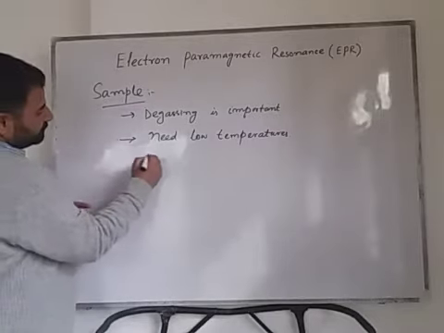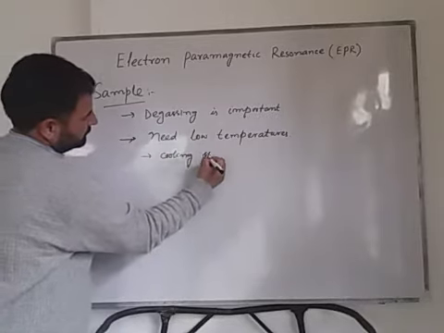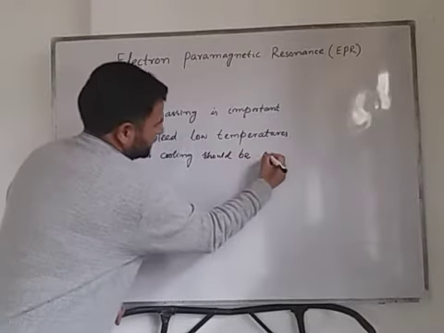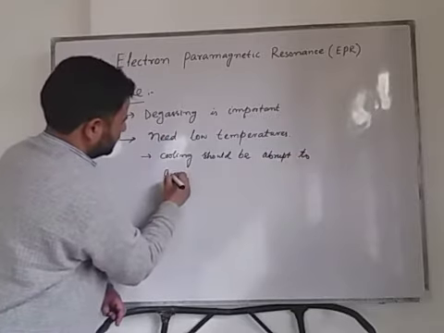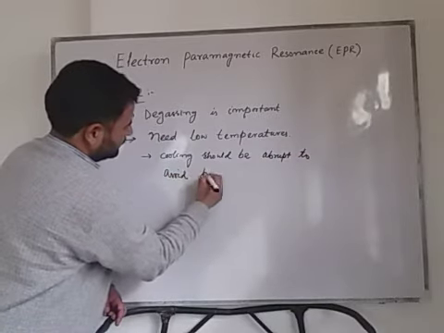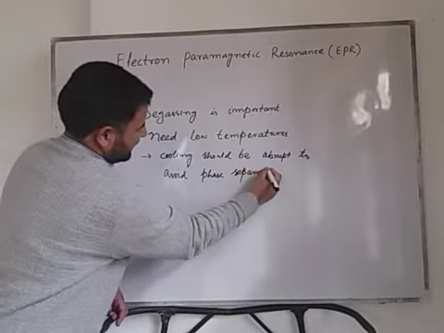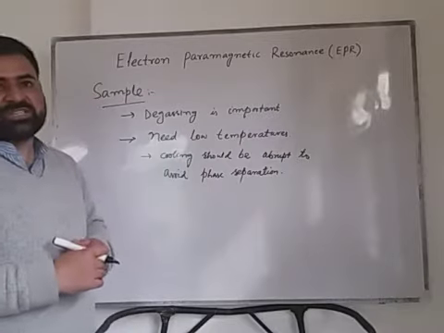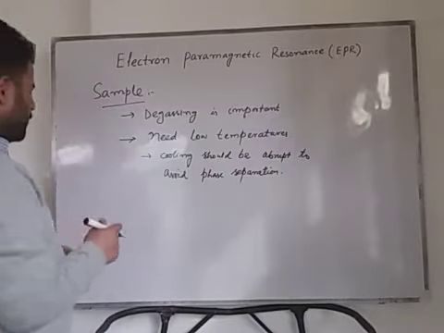So cooling should be abrupt to avoid crystalline phase separation. There should be no change in phase of the crystalline structure while cooling the sample. So one more thing is there.